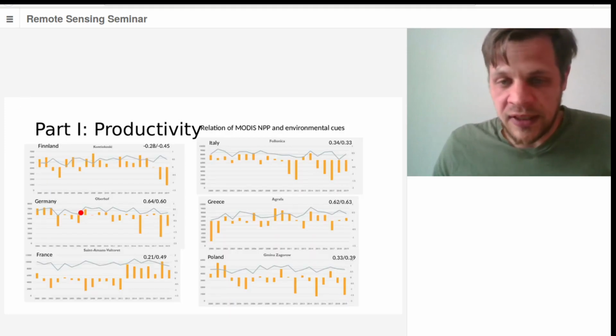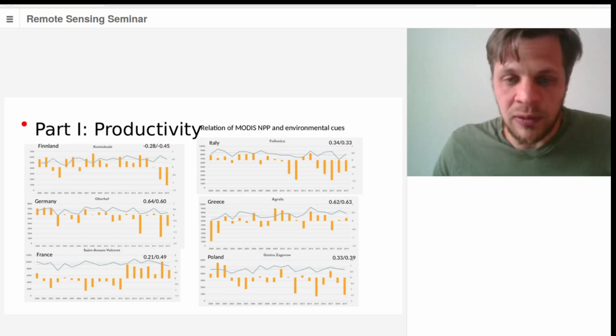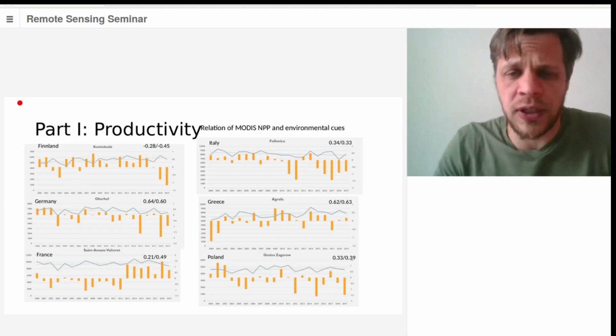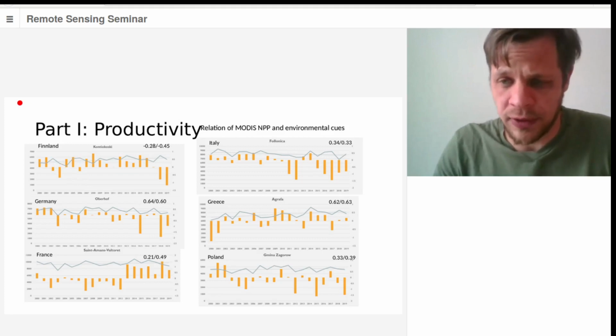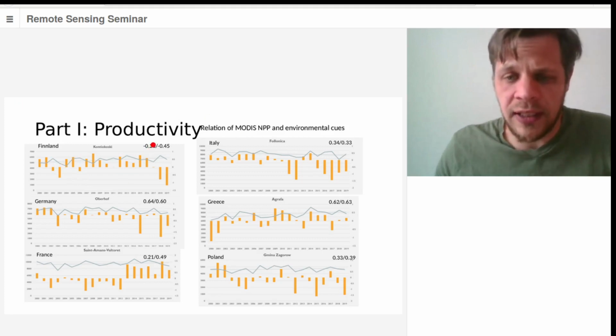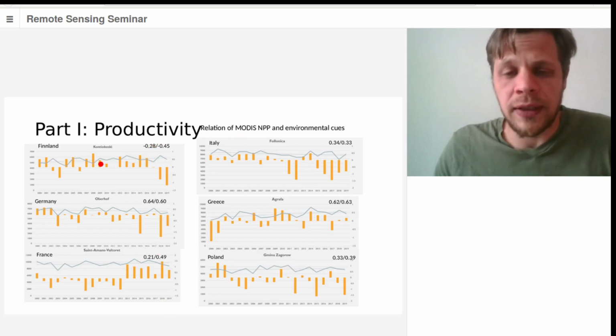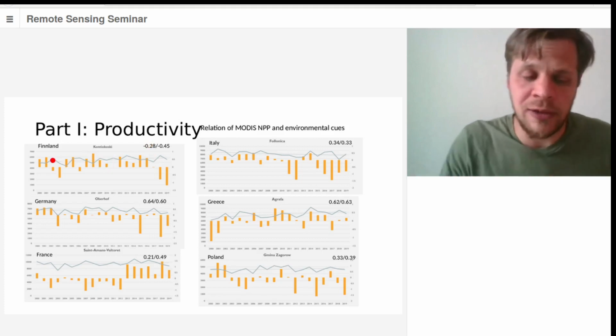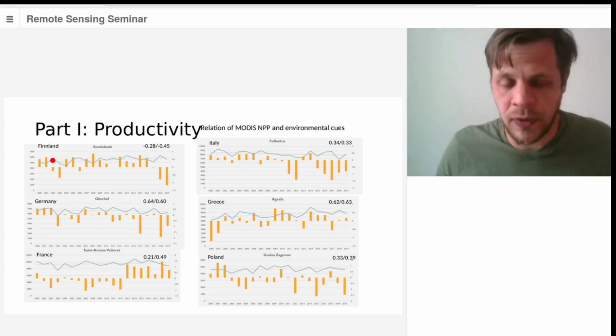So what you see here is this yellow bars is soil moisture anomaly expressed in standard deviations, and this gray line here is this MODIS net primary productivity. And then for each of these subplots you see two numbers. The first number is the correlation between MODIS net primary productivity and soil moisture anomaly calculated over the entire year, so including all months from January to December.